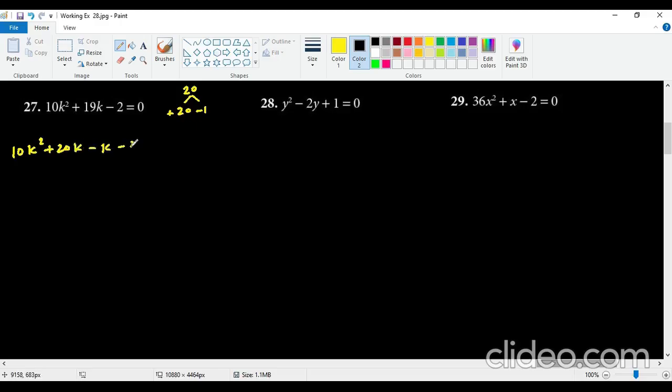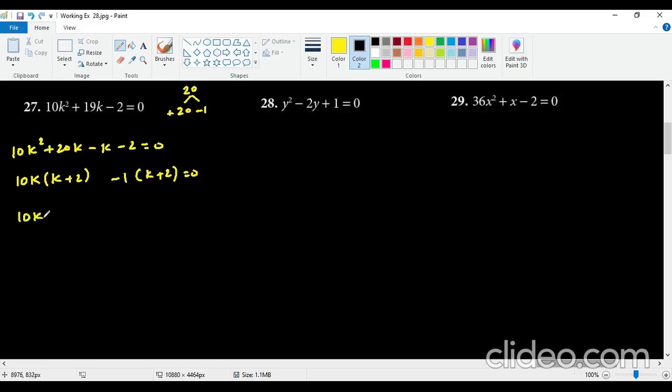2 equals 0. So in the first one, I know very well that 10k is common, and k plus 2 is going to be in the first bracket. Copy down k plus 2 once again and minus 1 like this. So 10k minus 1 in one bracket.